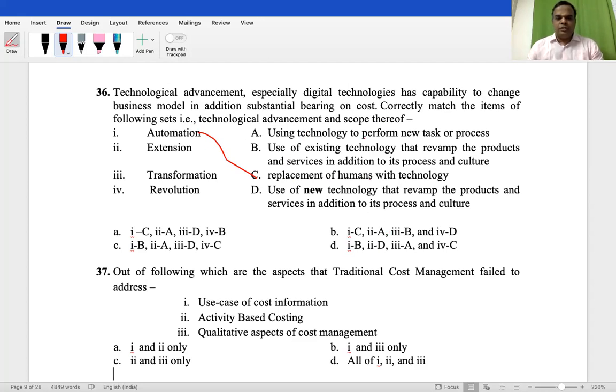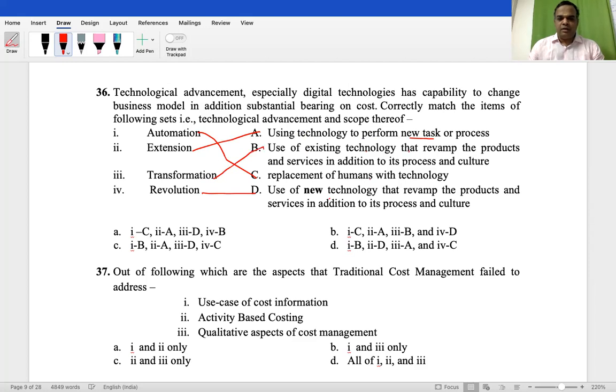Extension is using technology as a part of a new task. We are extending the same. Transformation is using existing technology that revamps. Revolution is for new technology. Am I right?